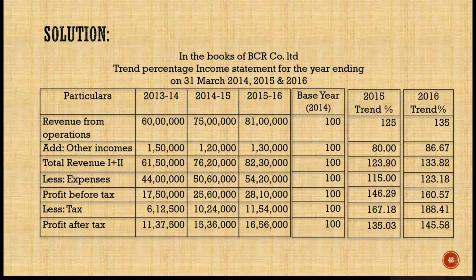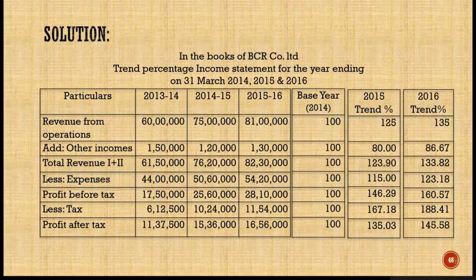So that means what? In case of revenue from operation, how did we calculate the percentage for 2015? See, 75 lakh divided by 60 lakh into 100. It will give us 125%.